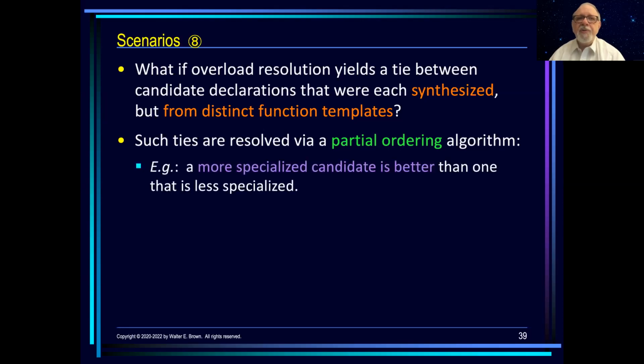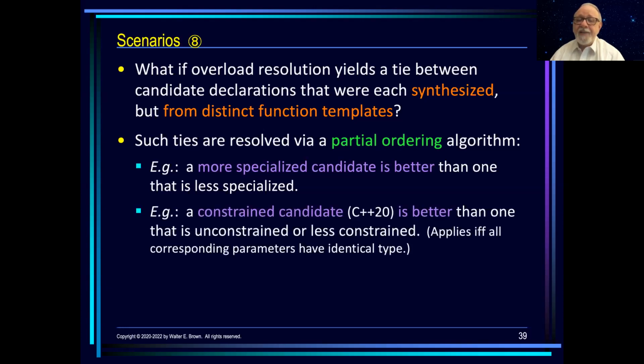Partial ordering is used to resolve ties when you have synthesized candidates from distinct function templates. If one candidate is more specialized than the other, it's considered better than one that's less specialized. If one candidate is constrained, and here we're talking C++20, and the other one is either unconstrained or less constrained, then the more constrained candidate is considered better.